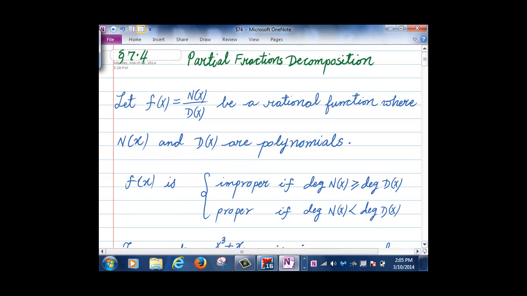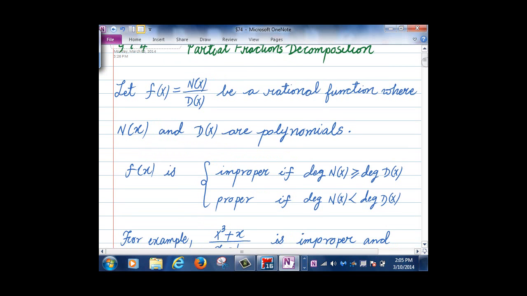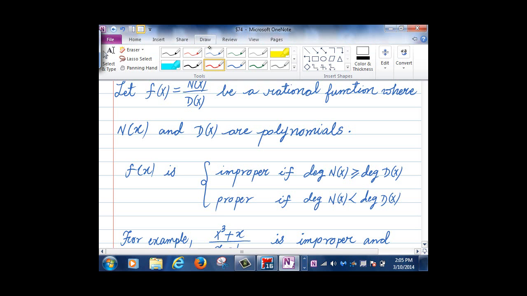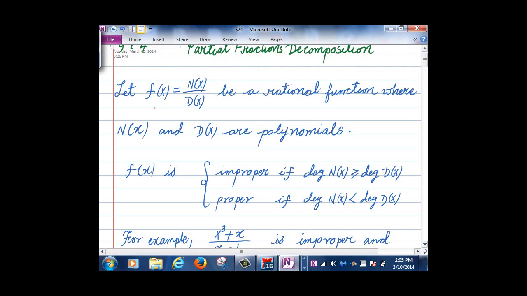All right. So here's this function f of x that I have. Let's say f of x is a rational function. So that means it is the ratio of a numerator and a denominator.